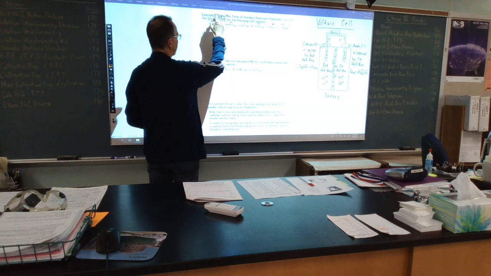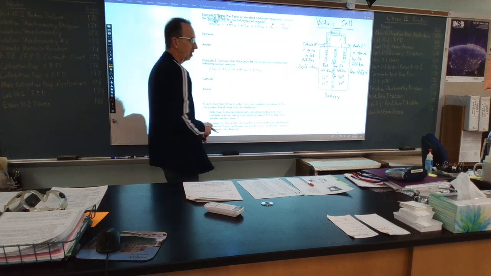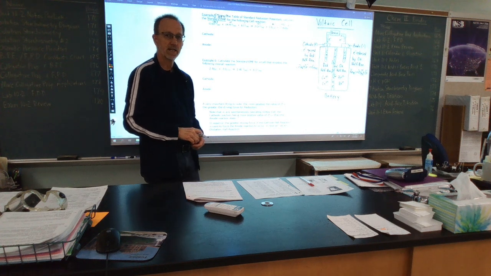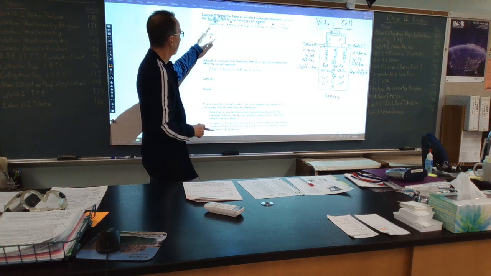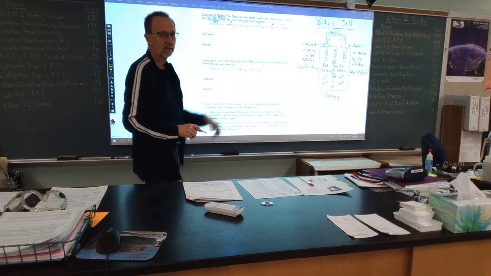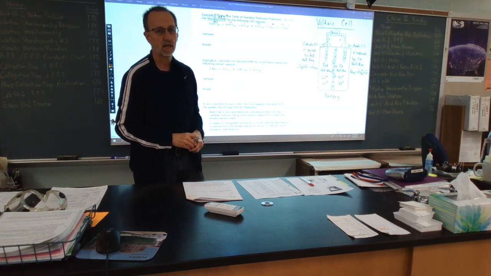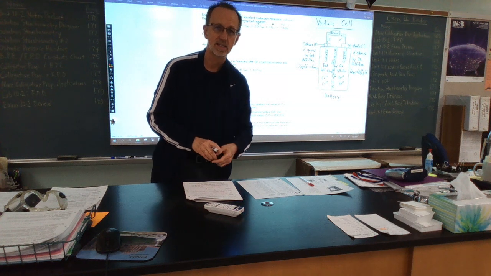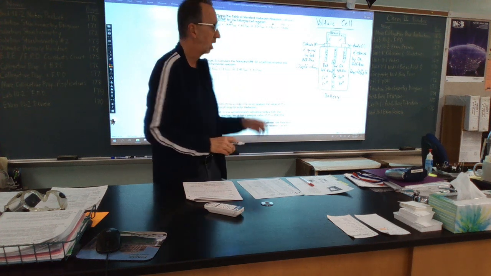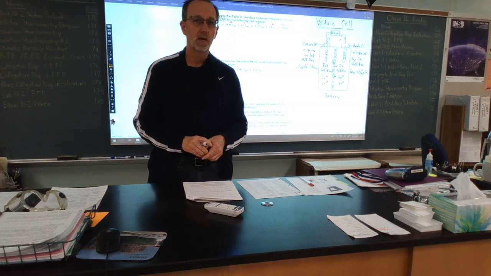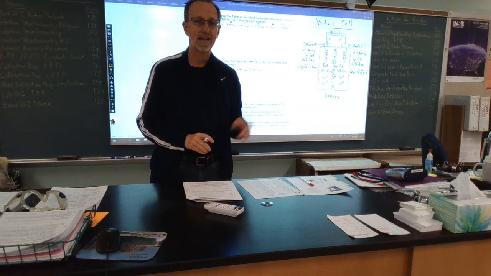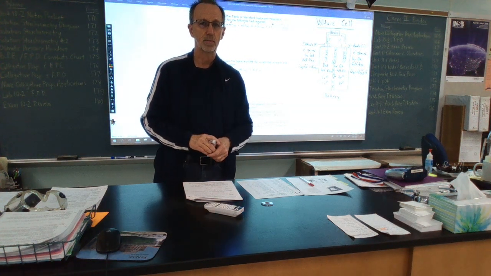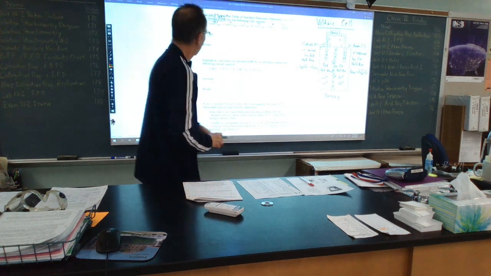So again, O here is -2, but there are 7 of them, for a total of -14 on the negative side. There are 2 chromiums, but keep in mind the dichromate ion is not neutral. It has an overall charge of -2. So whatever the oxidation number of chromium is, and keeping in mind there are 2 of them, when you add it to the O's, we're going to end up with -2, not 0.